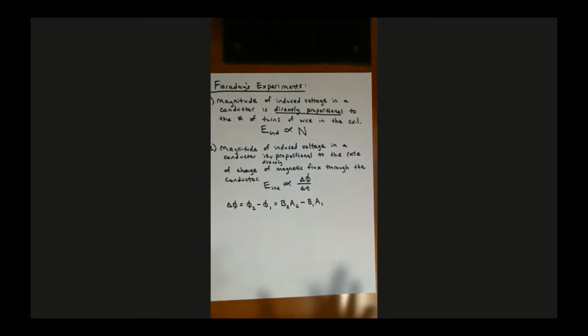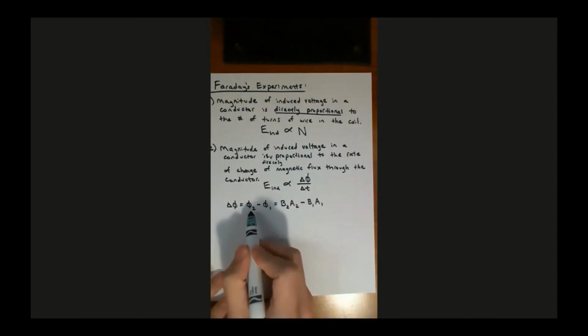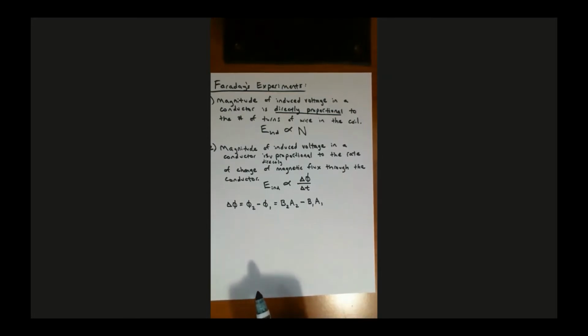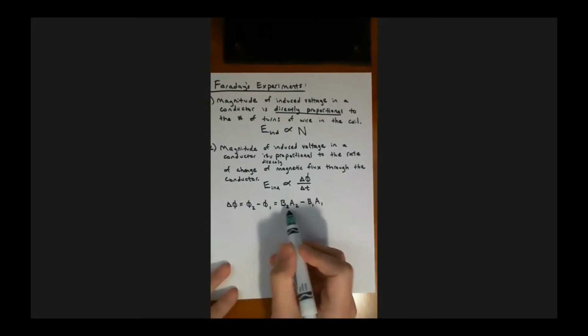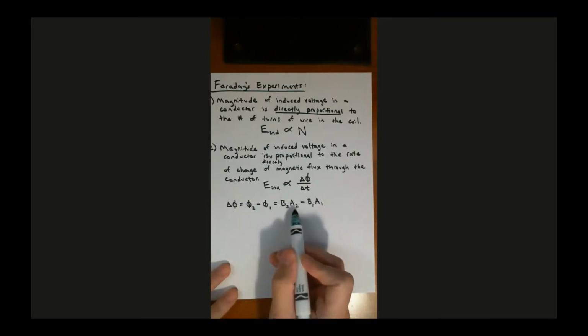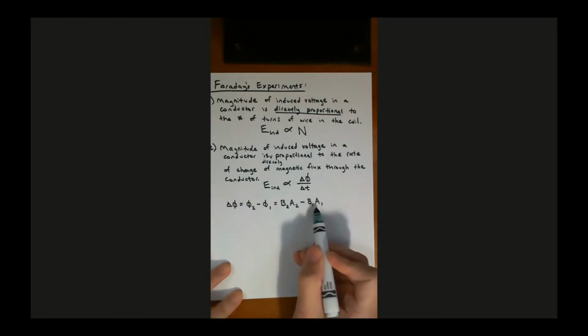We're just saying that we've got a magnetic field and a coil of wire and we're moving it from one position to another position. The change is equal to the magnetic flux at time 2, its final position, minus the magnetic flux at time 1, its initial position. We calculate those by taking B2 times A2, the average magnetic field strength and the area of the armature at its final position, minus B1 A1, its average magnetic field strength times the area of the coil in its initial position.